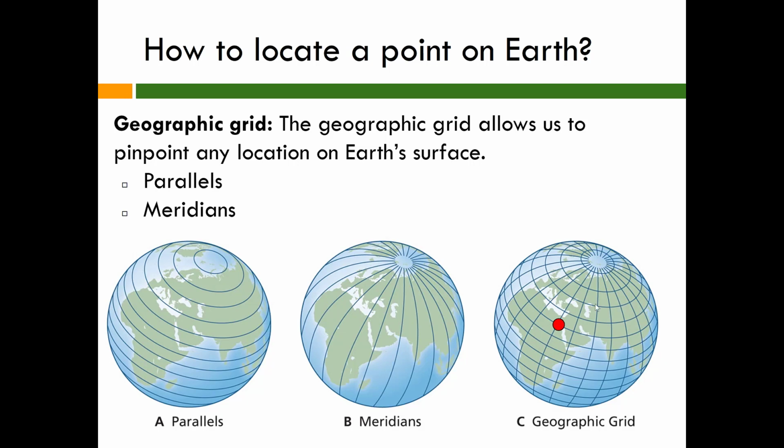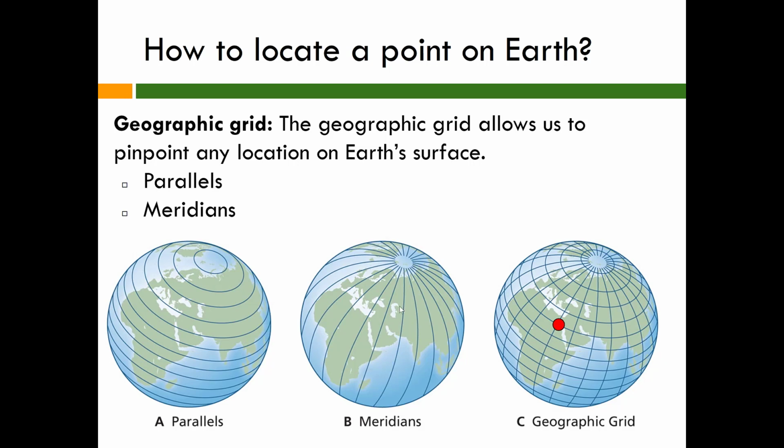Basically, this geographic grid is a fishnet covering the entire Earth. You can see you have those horizontal lines and those vertical lines. What are they? Well, the horizontal lines, you can see they are all parallel.